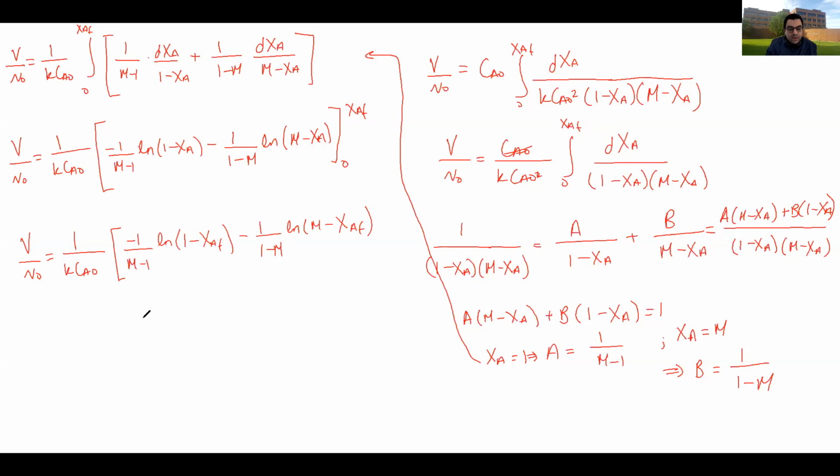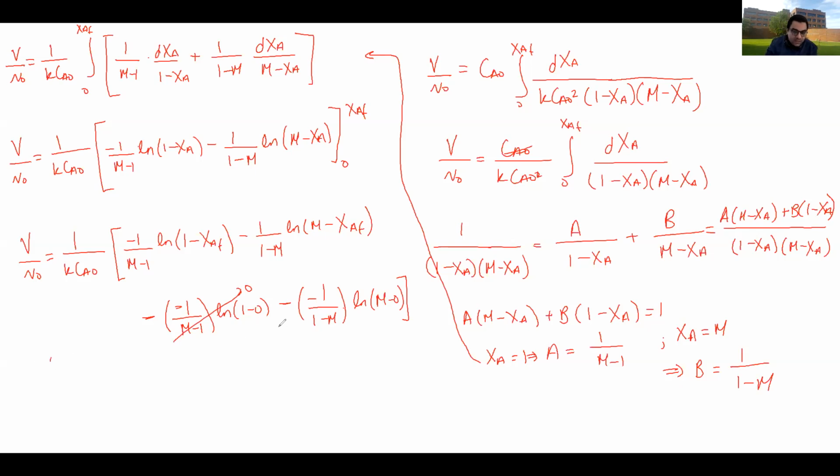And then I'm going to have a minus of minus 1 over M minus 1 ln 1 minus 0 minus 1 over 1 minus M of ln M minus 0. Okay, so this is my expression. So this one, ln of 1 is 0, so this guy goes to 0. This is just ln M.